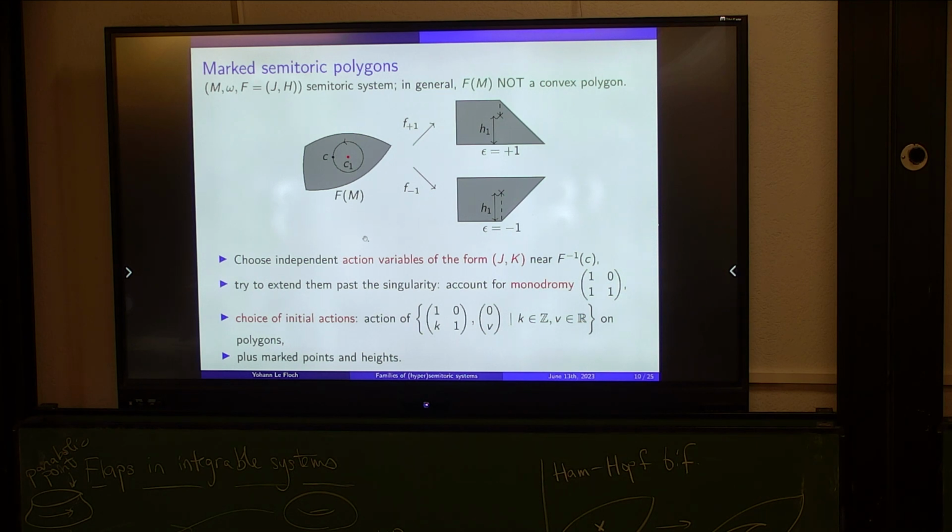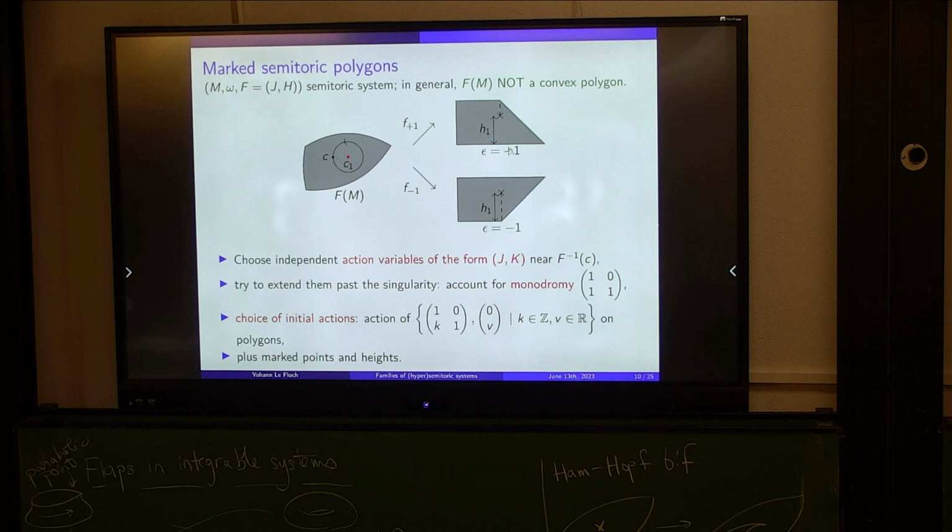You have a toric momentum map. These are global action variables, and this is it. The image is a polygon. So we should try to mimic the same thing: let's try to have some toric momentum map defined everywhere, and then the image will be a polygon, and we'll be happy. Of course we can't, because there's a singularity somewhere in the middle, and there may be several focus-focus singularities.